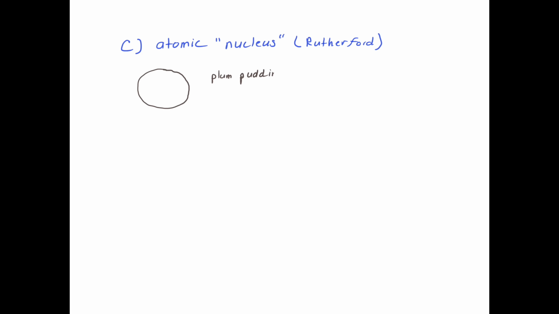So before Rutherford, we knew we had electrons and protons, and at that time, the model of the atom was that these negatively charged particles and positively charged particles were kind of distributed randomly throughout the atom. That was known as the plum pudding model, okay? And it explained the data that they had discovered thus far, okay?